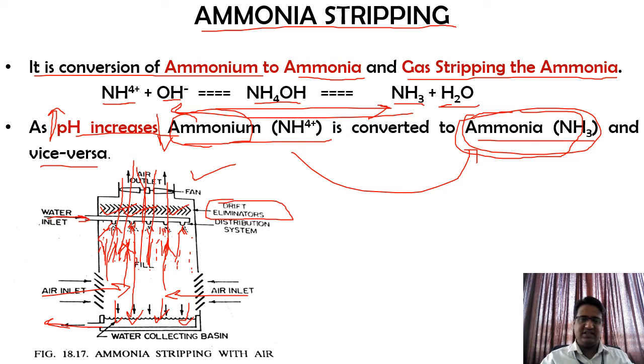The same working principle is used over here, so that the water enriched with ammonium is passed through these nozzles to have uniform distribution, and from the bottom you pass the air. When the air mixes with the water, the ammonium will be converted into ammonia, and that gas will be taken out through the outlet. This is nothing but ammonia stripping.